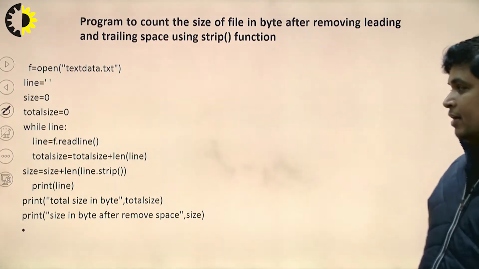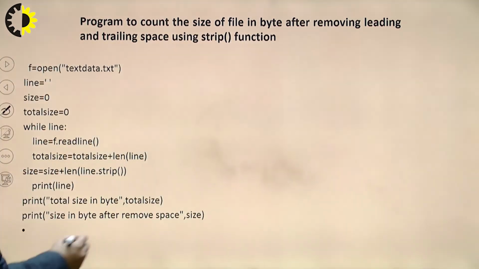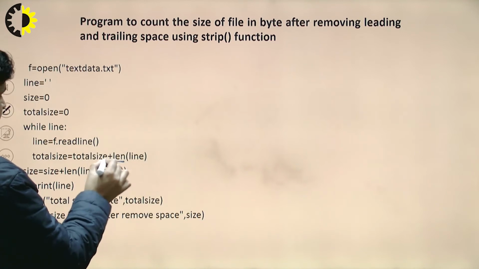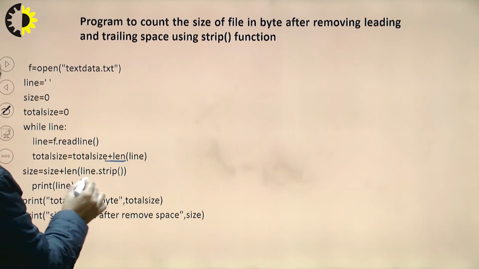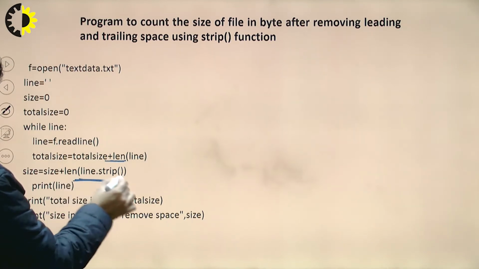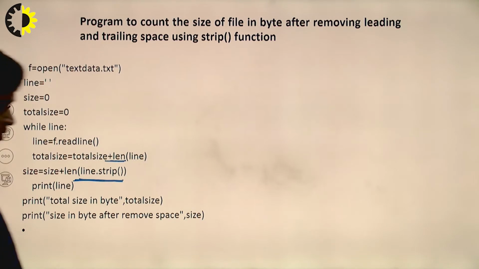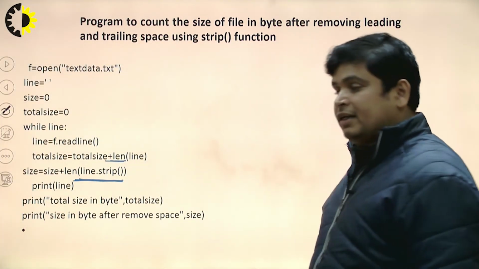You will see here, I read this file. After reading this file, I am going to count the total size. After counting the total size, I am going to strip the space, leading and trailing space, because the strip function is used to remove the leading and trailing space.